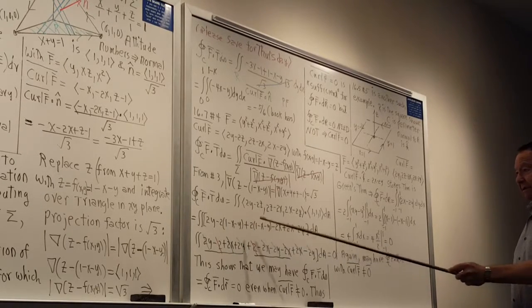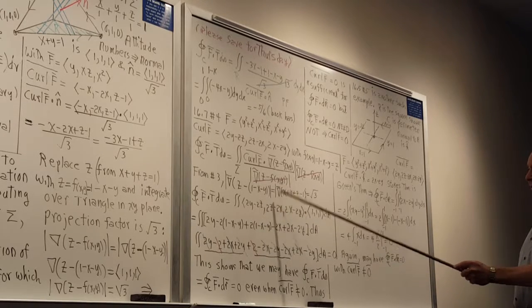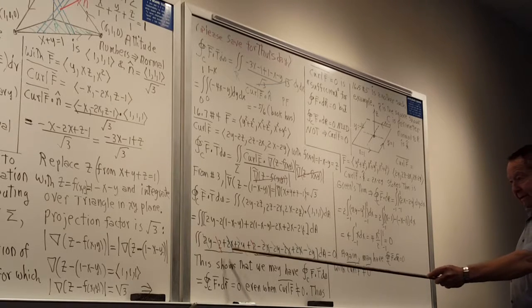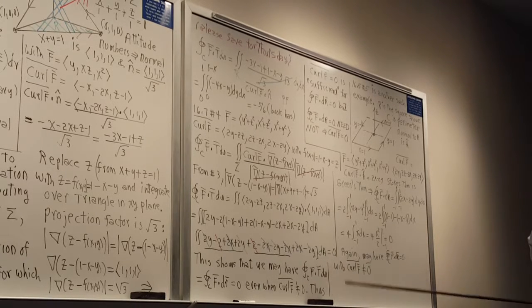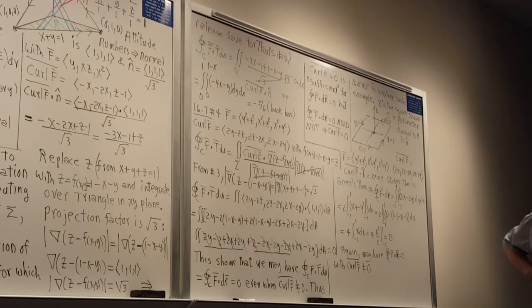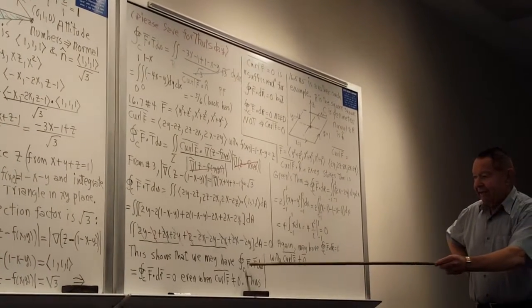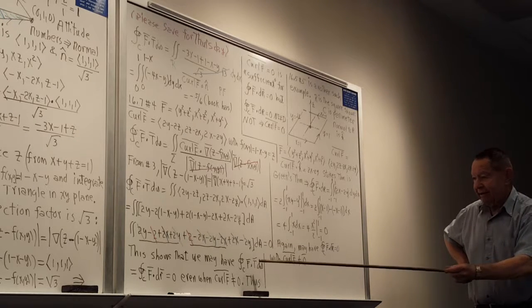And what I've done is to replace the z there and there with 1 minus x minus y. And if you write all this down and start canceling, you end up with 0. As it turns out, it all cancels out. And so our line integral would be 0, because the double integral of 0 would be 0.